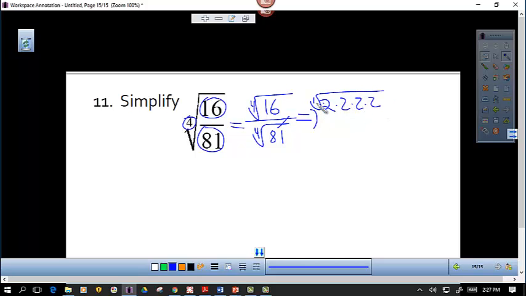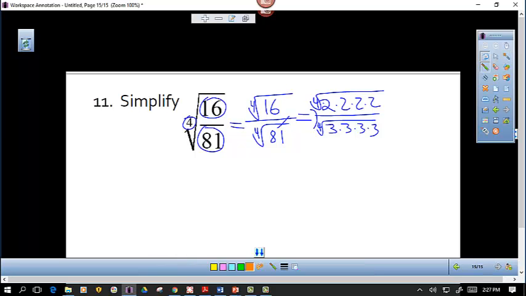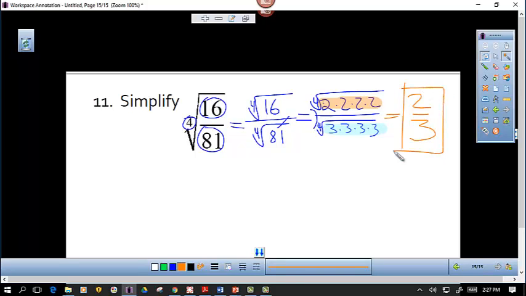That's your 4th root. And then we have the same thing for 81. It has a perfect 4th root: 3 times 3 times 3 times 3. So if that's the case, again, you're looking for fourths. For groups of 4, we have a group of four 2s, we have a group of four 3s. So this whole entire thing simplifies into 2/3. And that's it.